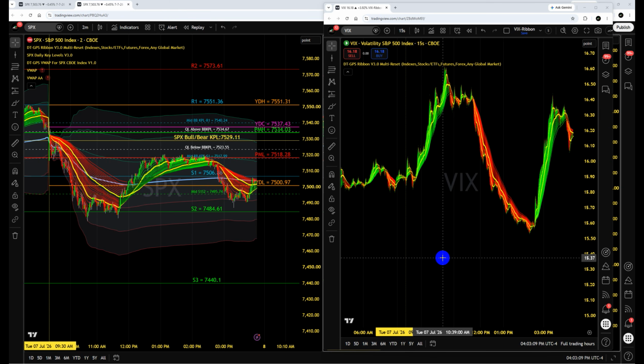So as you can see here, if we go back and you see this down move here, we get the spike in the VIX starting right after the opening candle here. We get a little flip-flop, but then we get this move up here. And then we're getting the red move down here coinciding with this reversal here.